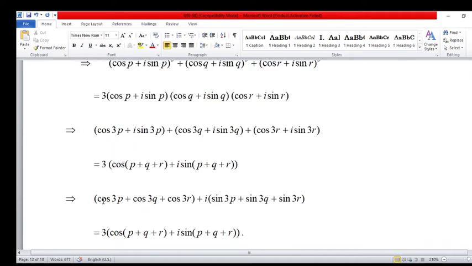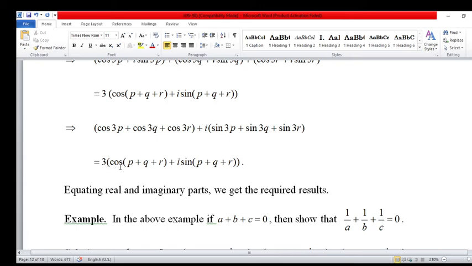Now on the left hand side, the real numbers are written in the first bracket: cos 3p plus cos 3q plus cos 3r, plus i common, sin 3p plus sin 3q plus sin 3r, is equal to 3 cos of p plus q plus r plus i sin of p plus q plus r. Now equate the real part and imaginary part.